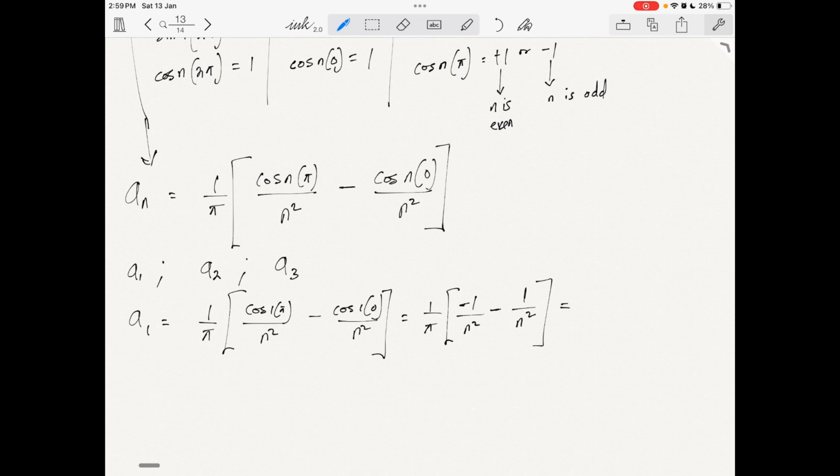So moving on, we have 1 over π and minus 1 over n squared minus 1 over n squared will be minus 2 over n squared.